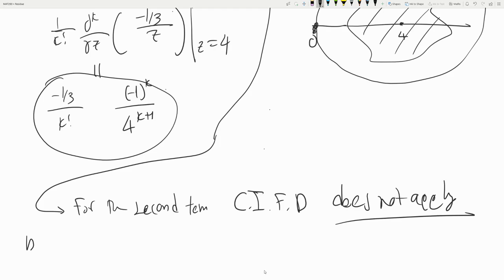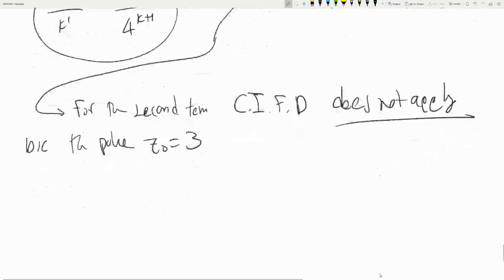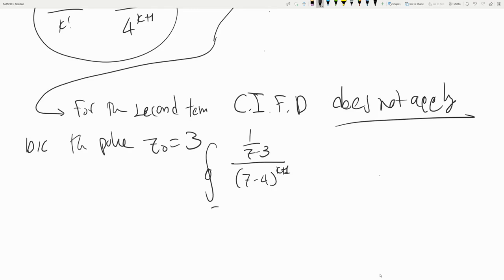Okay, and this is because of the pole at z equal to 3. So there's a second pole. Let me see what the function is. So right, we have 1/(z-3) and then (z-4)^(k+1). And we have this contour C.